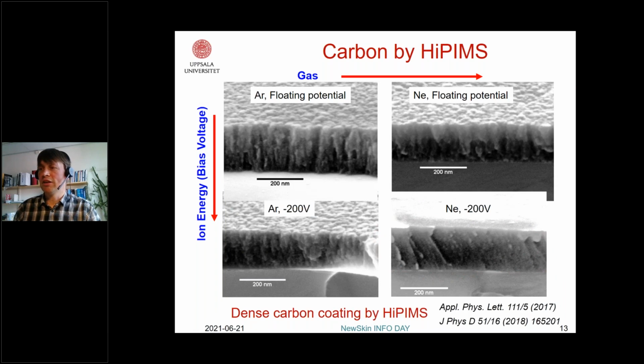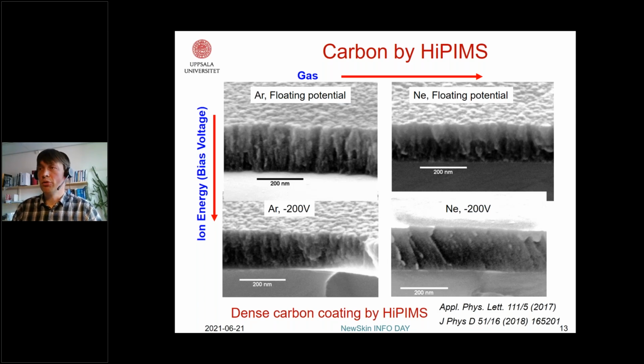They were not as hard as the typical tetrahedral amorphous carbon, but the wear rate was comparable to the state-of-the-art hard coatings. So carbon coatings are useful for low friction and wear resistant surfaces.